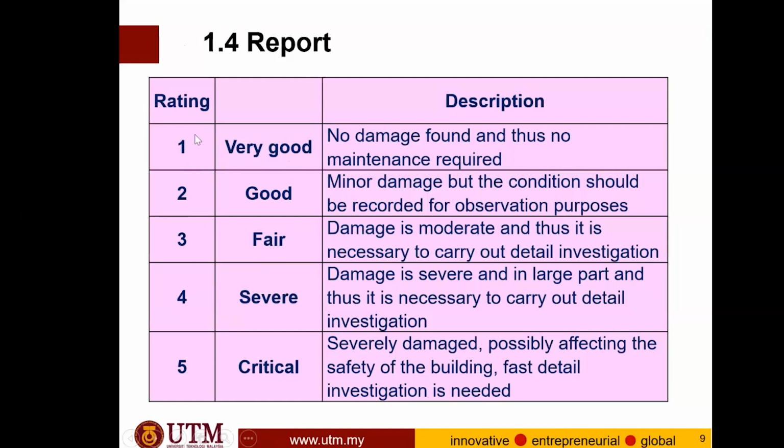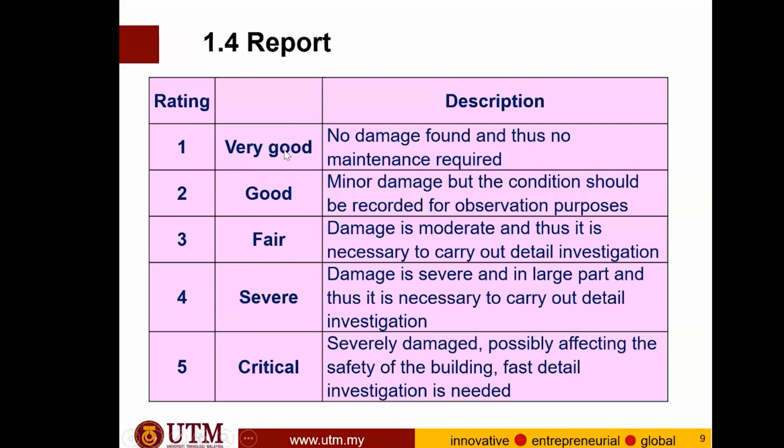Or maybe not only for the component, but for the type of defect. Rating for crack condition, rating for corrosion condition, rating for ponding condition. Or maybe it is for the whole structure, the whole building.